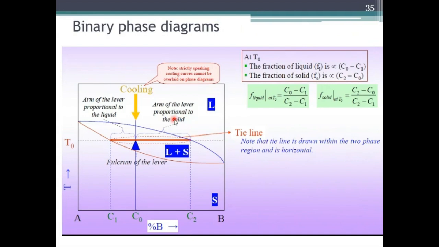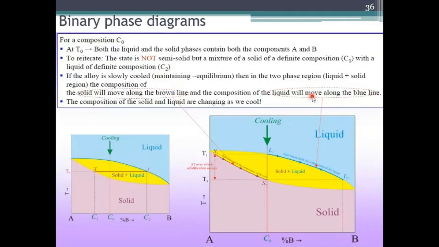Mainly, the fraction of liquid is C0 minus C1, and the fraction of solid is C2 minus C0. So you can get the absolute value at a particular temperature T0 also. That is what this tie line principle and phase rule is all about.